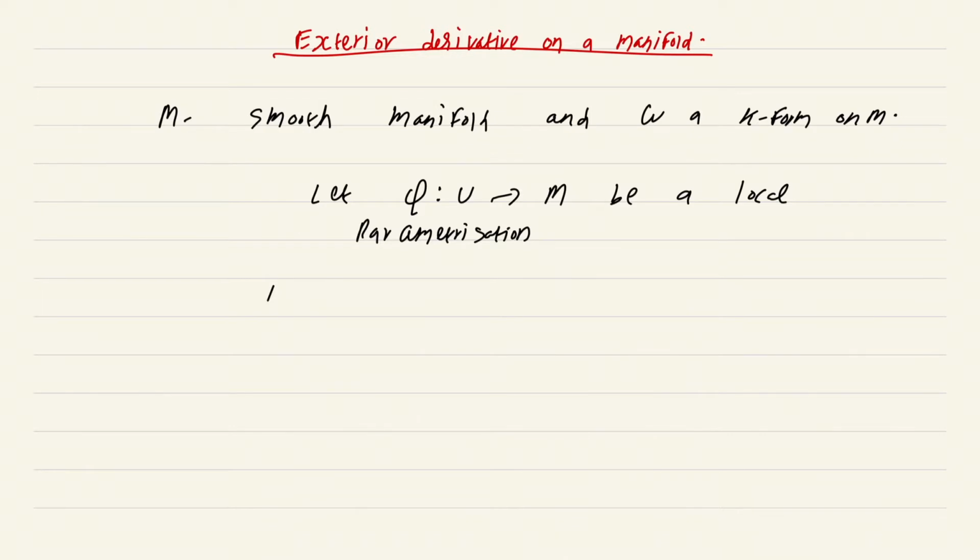So you look at this form omega restricted to the image of this parametrization, then pull it back under phi. Then you are now left with a form in Euclidean space which you can differentiate. That will give you a k+1 form on U. Now just pull it back now by phi inverse star.